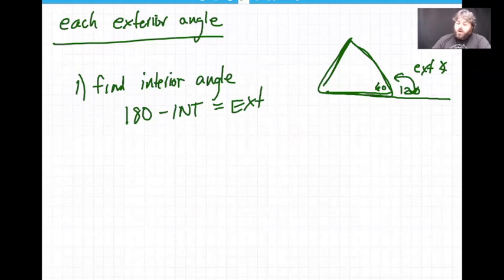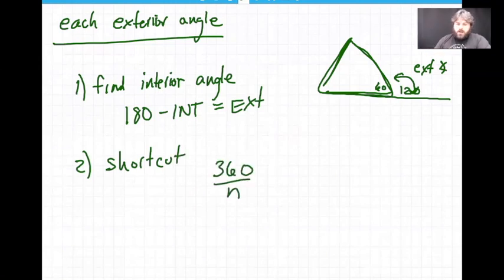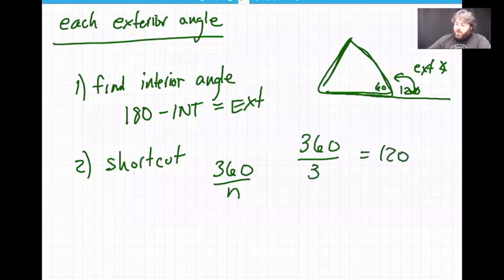There is actually a shortcut though. So this is the second way that you could find one exterior angle. It's just 360 divided by n, the number of sides. So in this triangle case, I do 360 divided by 3, it gives me 120. Notice how that's 120. So it's a little bit faster.